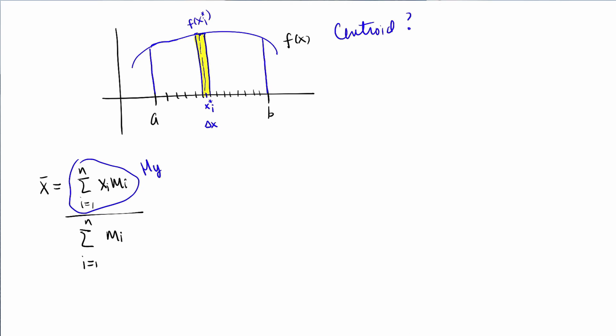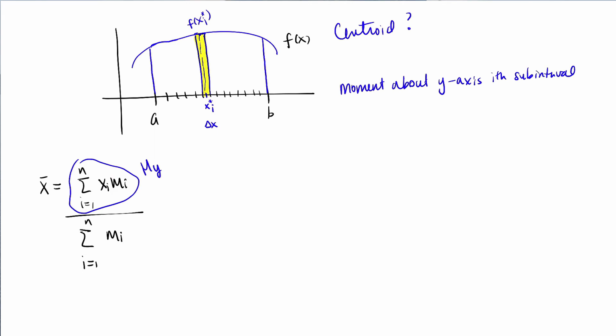And then understand what's happening here. The moment about the y-axis is given by the sum of the xi's, which again represent the distance to the y-axis, and then the mi's are just the masses. So the moment about the y-axis for the ith subinterval is equal to what?